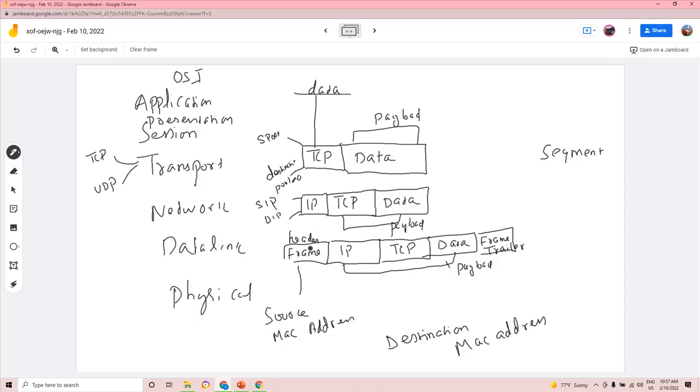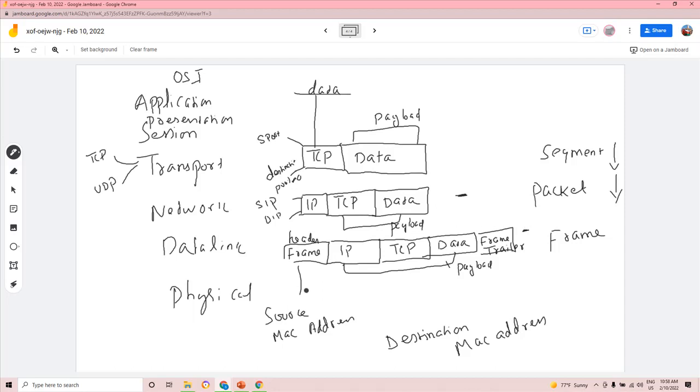Very important, please. When the segment comes to the network layer, it is called a packet. When the packet comes to the data link layer, it is called a frame. Here it is device independent. Here it is device dependent.